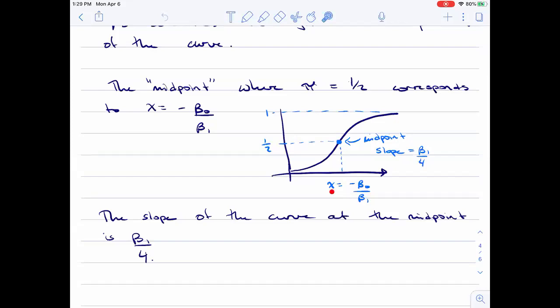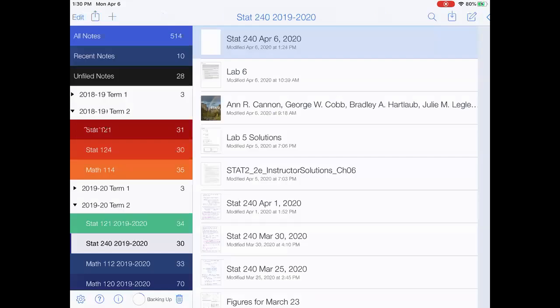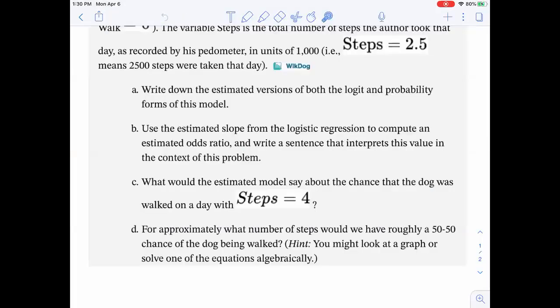All right, I understand. And then you've got your beta naught and beta 1. So at the midpoint, we've got this information. I would say the hardest part of this lab is getting your beta naught and beta 1 from your logit. After that, everything else is pretty straightforward.